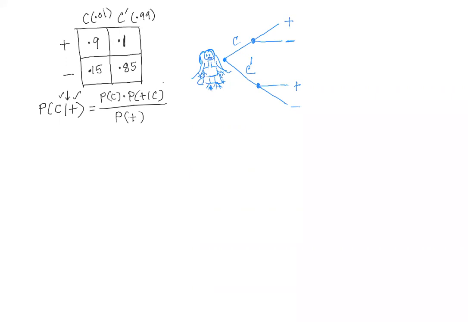So the probability of having cancer is 0.01. If you have cancer, the probability of testing positive is 90% and the probability of testing negative is 10%. Let me erase it and make it further away. Oh no, this is not minus, this is positive, sorry.